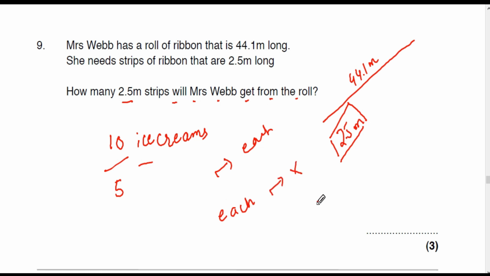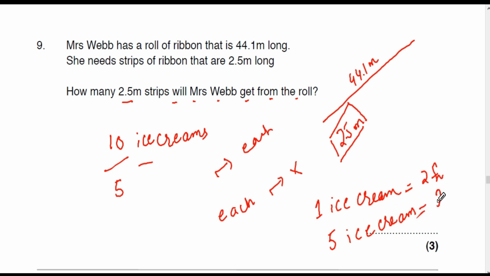For example, if I say that one ice cream costs £2, that means each ice cream costs £2. So what will be the price of 5 ice creams? Now we have to multiply, because we are finding more. So that is 2 times 5.